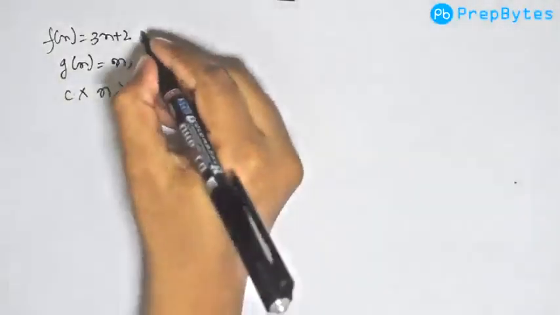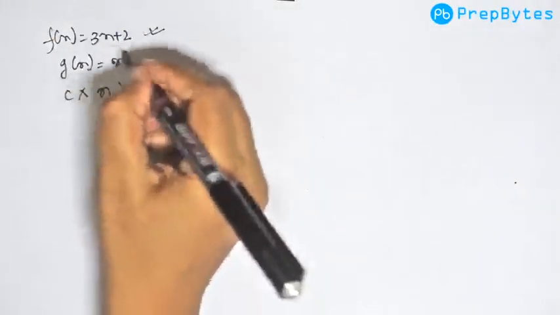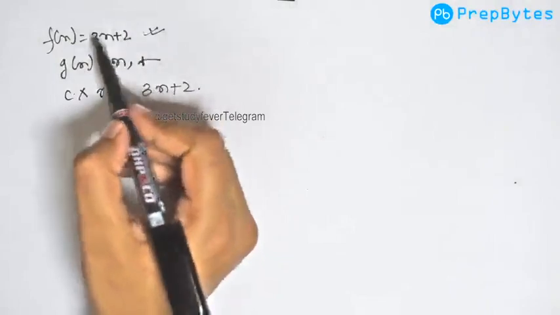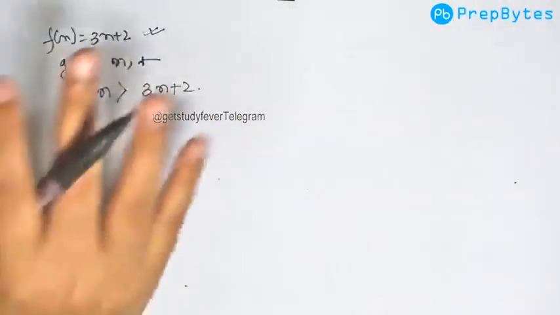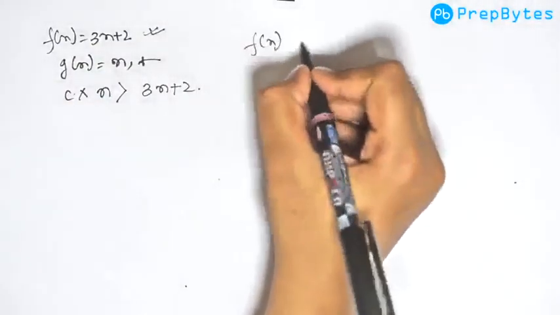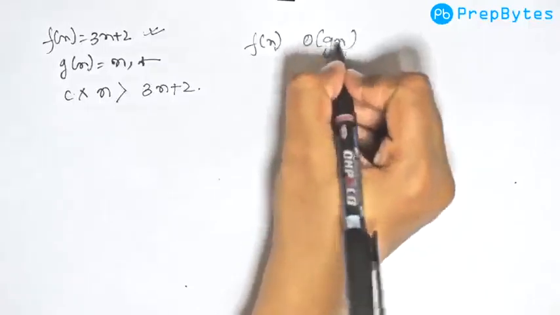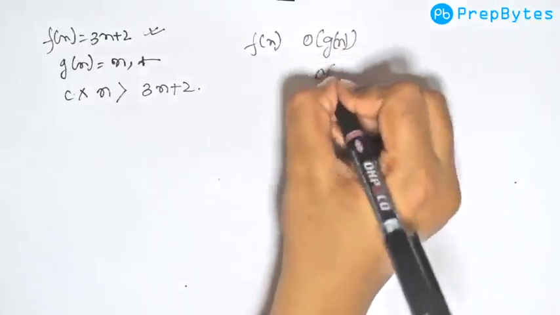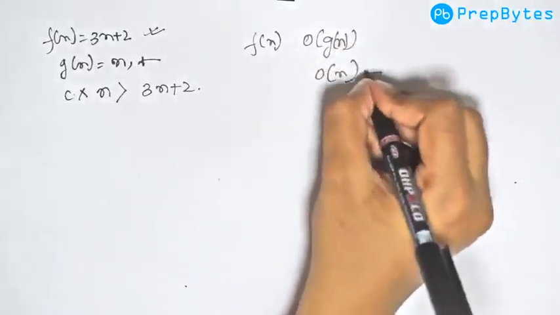As we saw, f(n) is 3n plus 2 and g(n) is n. g(n) is the most significant term and f(n) is the time complexity. In case we want to write this f(n) as O of g(n), then since g(n) is n, we want to write the time complexity as O of n.